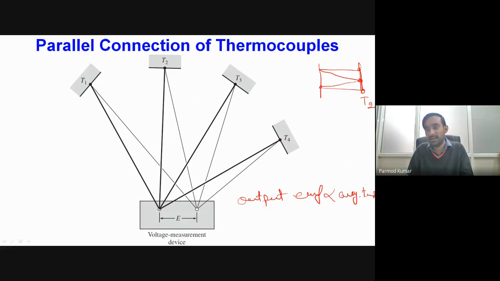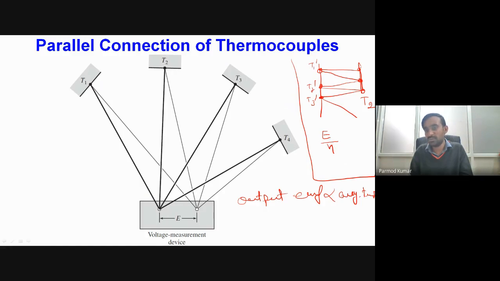Okay, and if I consider that this is some unknown temperature which I want to measure, then corresponding to this particular location, say I have different values of temperature, T1 dash, T2 dash and T3 dash, then whatever the final output I will be getting, I divide that final output by the number of junction points of unknown temperatures I am having.